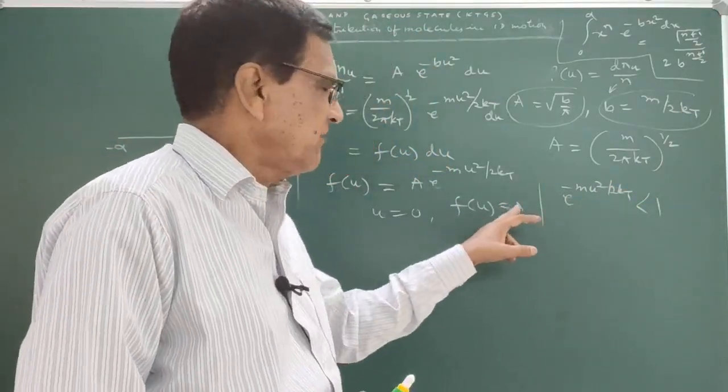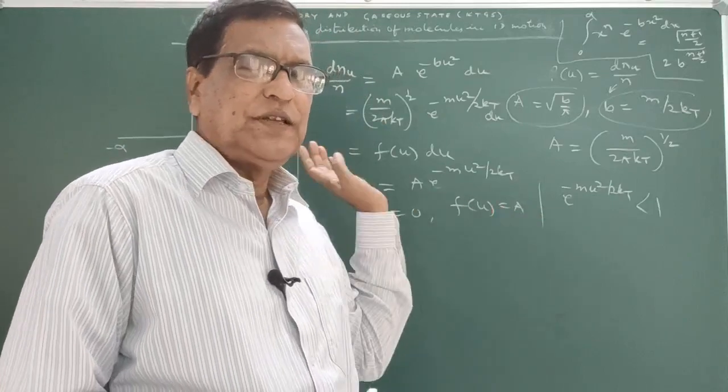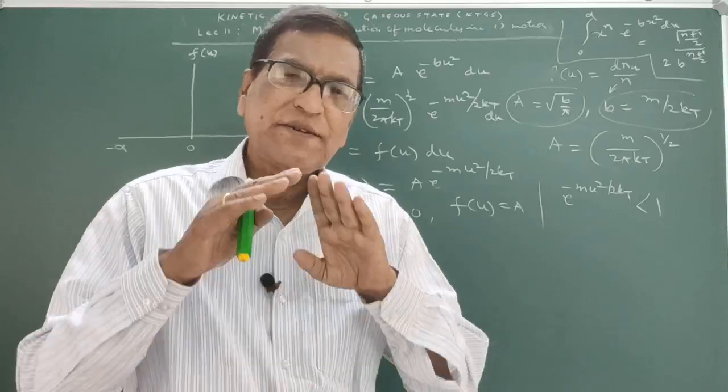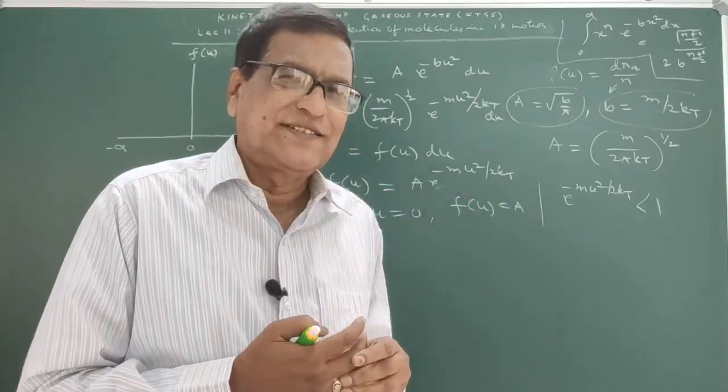So this is the maximum value. When the x component velocity is equal to 0, this is the maximum value of the distribution function.